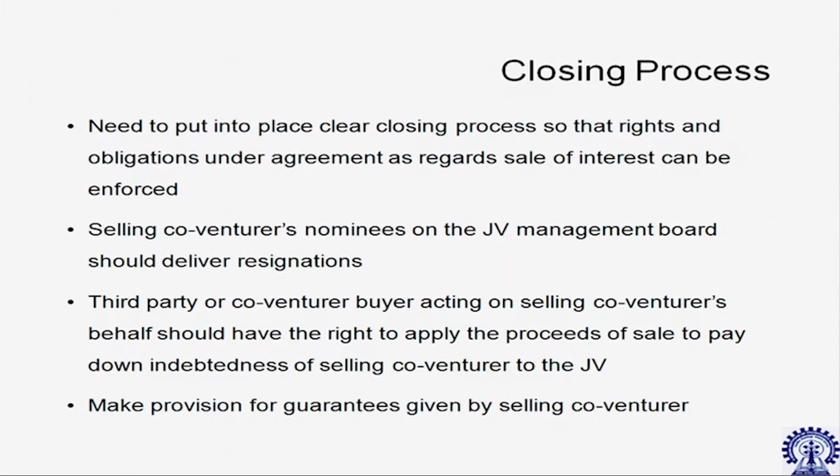The next, most important issue is the closing process. Whenever the parties to this particular venture close the joint venture, you need to go through several processes.